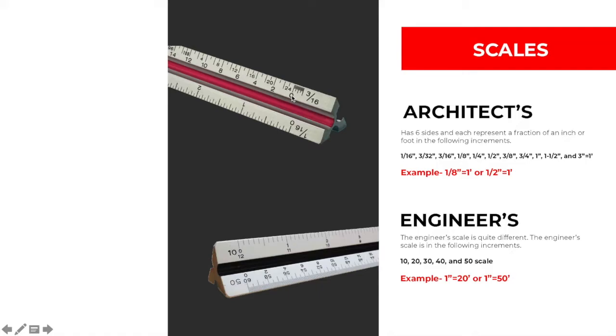This would represent 0, 2 feet, 4 feet, 6 feet, 8 feet, 10 feet, 12 feet, and so on. If a measurement happens to be, let's say, 2'6", we would use this scale starting from 0 and then read from 0 to 2, and then add the portion of it that's missing to the right.